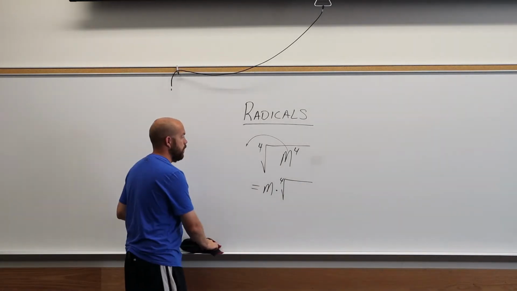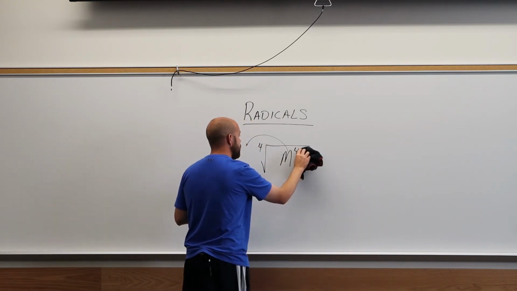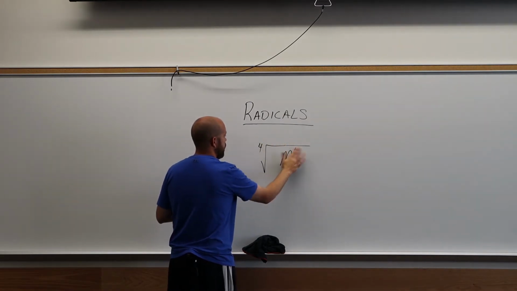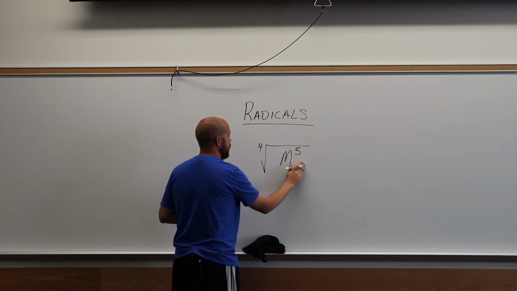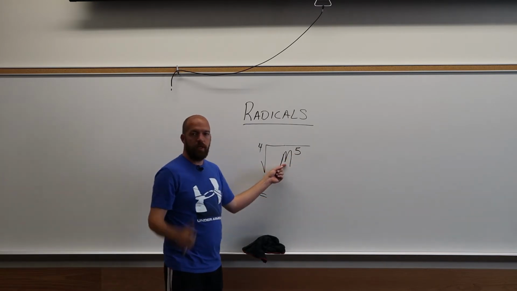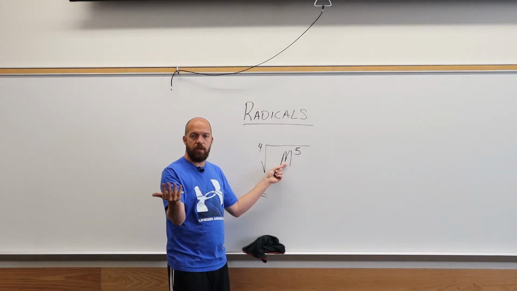Okay? The one interesting thing about this is that if I have too many tokens, so this is really m times m times m times m, there's 4 of them, times another m.